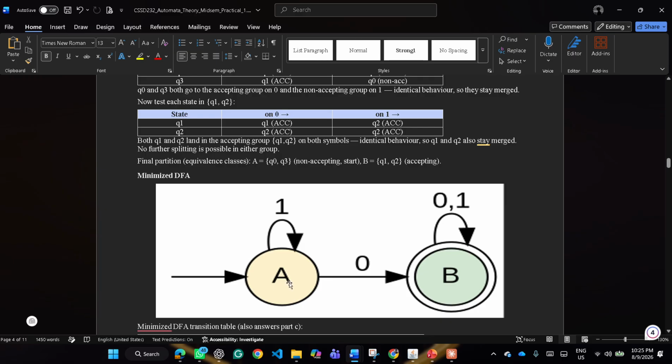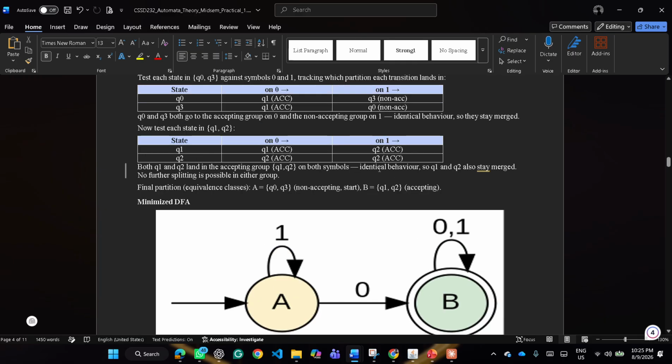If you're at A and you see an input of 1, where do you go? You still maintain your position. And if you're at A and you receive an input of 0, where do you go? B. And then if you're at B and you receive an input of 0 or 1, you still maintain your position. That's what we have here.